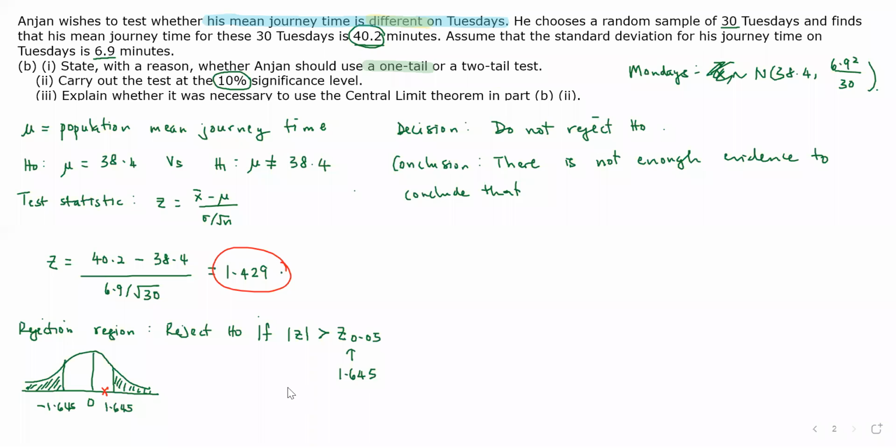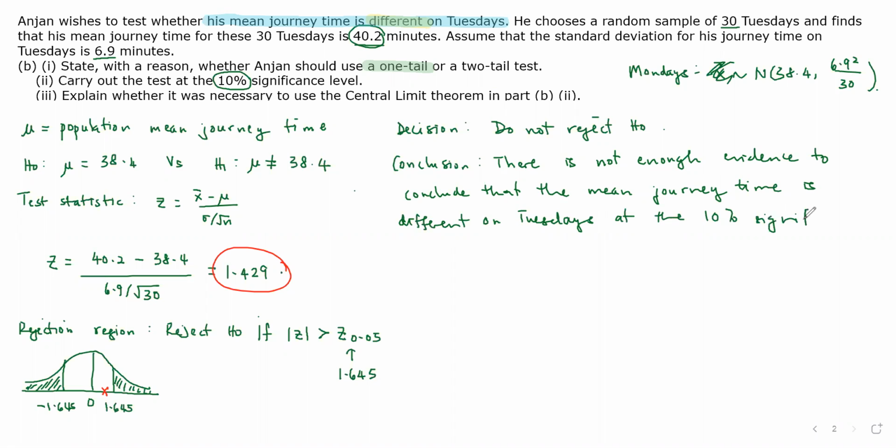So that is what we pick from the question. You just copy that in your conclusion. To conclude that the mean journey time is different on Tuesdays at the 10% significance level.